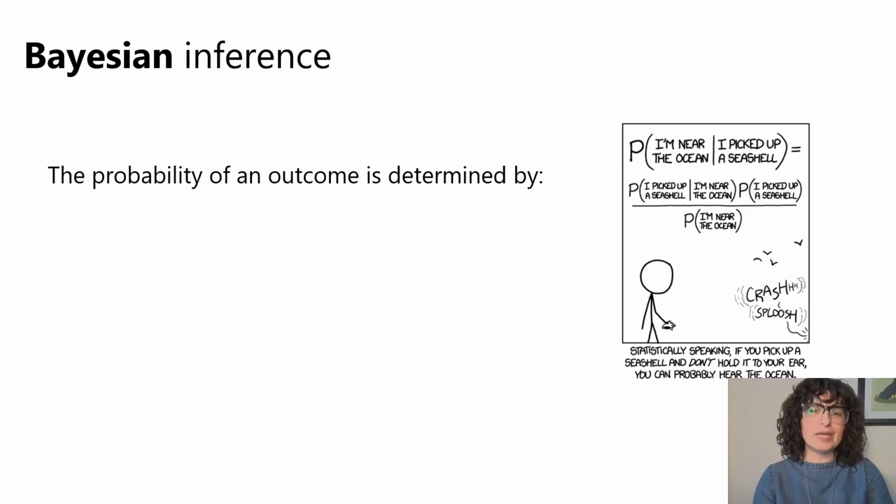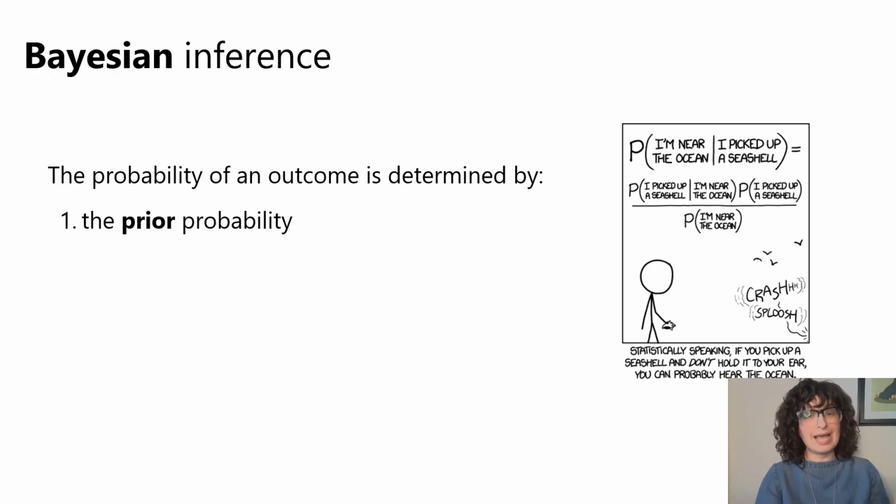Bayes' theorem is used to calculate a probability of a hypothesis given prior evidence and updating it as more information becomes available. It's a formal mathematical model, and the probability of an outcome is determined by the prior probability, which is our initial belief about the probability of an outcome. Just how likely is this outcome to be in the world given our prior experience?